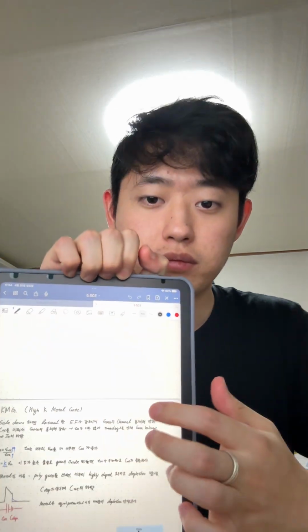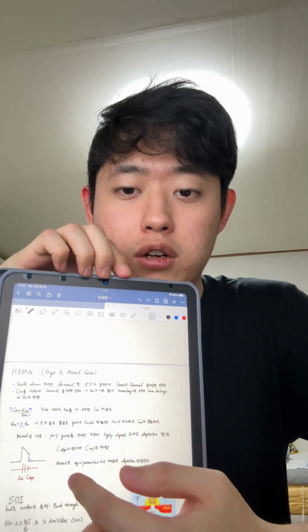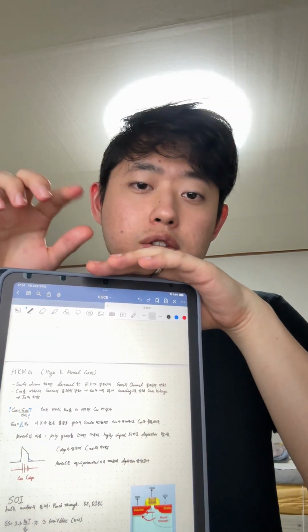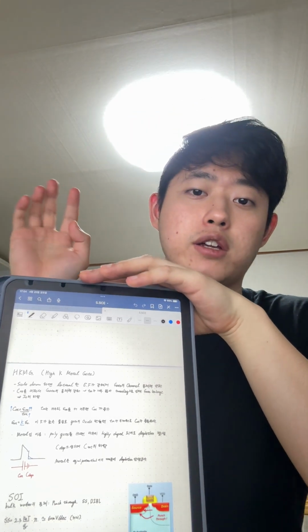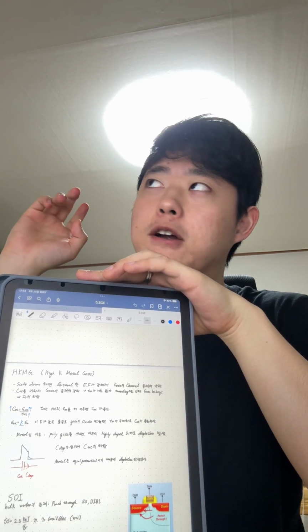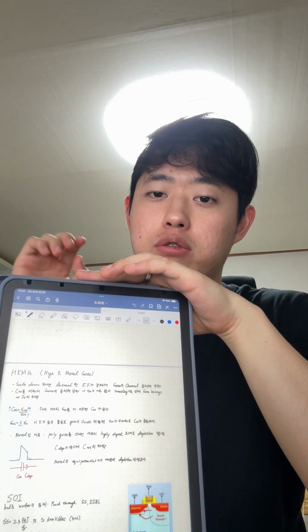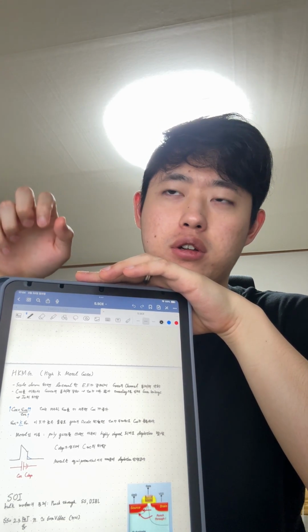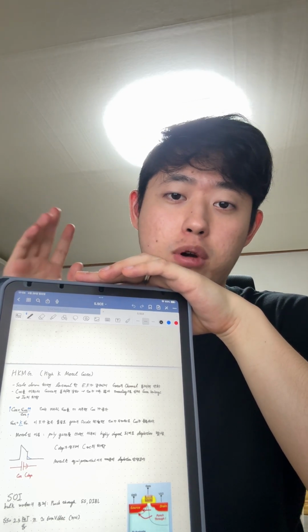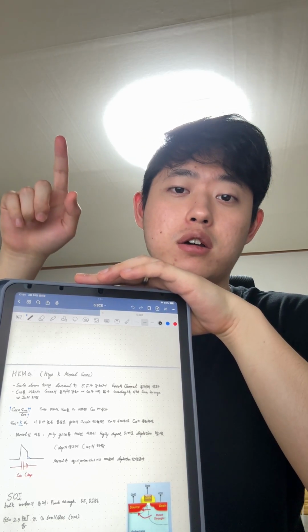So here, if the thickness of the oxide grows, COX shrinks. So we have to make the permittivity of the oxide high.